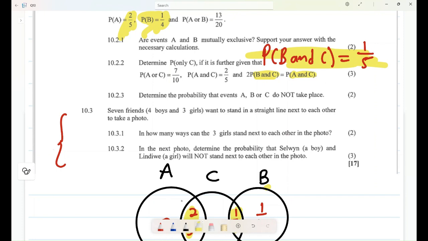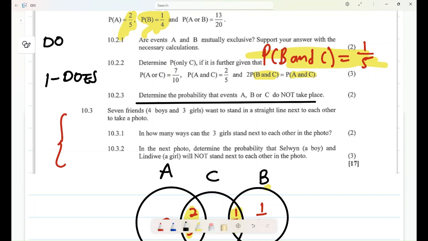Oh, 10.2.3. Now determine the probability that event A, B, or C do not take part. So now, if they say do not, what you have to do is say 1 minus does. All right. Remember, either something does happen or doesn't happen. So when we add these, it should be equal to 1.